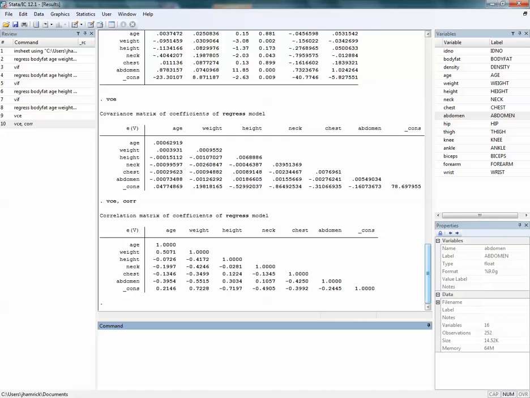Now this doesn't tell us what to remove, since you could always remove, for example, either age or weight to get rid of one of the variables that's creating this particularly positive correlation in the correlation matrix of coefficients from the regression fit. It doesn't tell us which ones to remove, but oftentimes if you remove one of the offending variables, then the remaining variable tends to be less offending with some of the other variables that are left in the model.